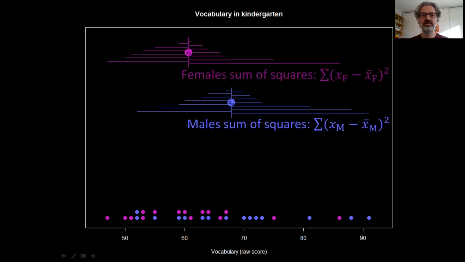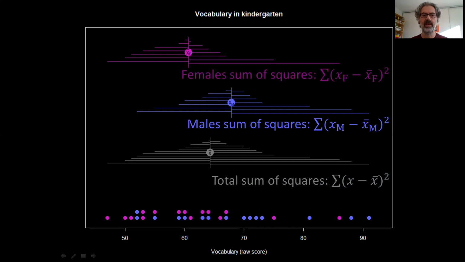Let us see how this compares to what we had before. If the two groups had equal means, so if the mean for boys were here and the mean for girls were here, then using the two means would make no difference in how long these lines would be. They would run to the same point.